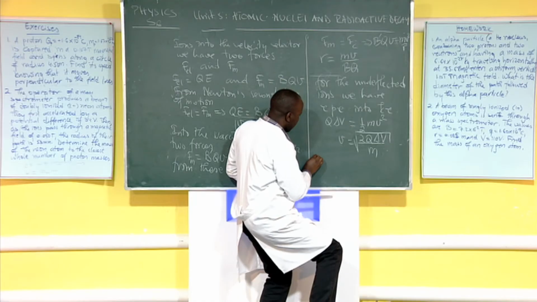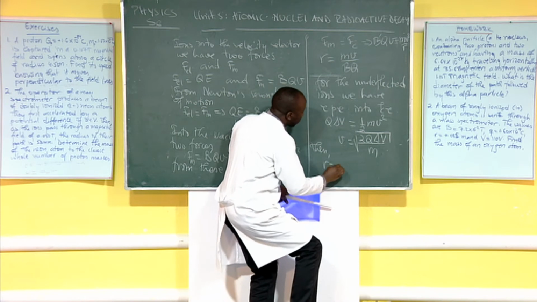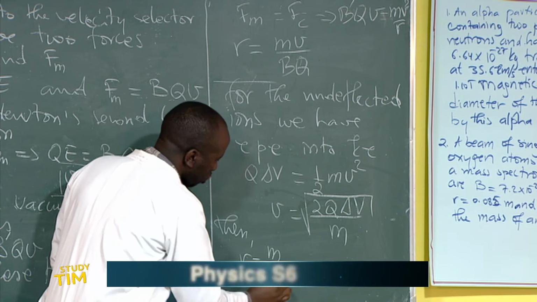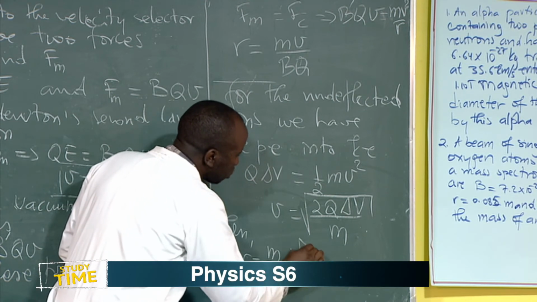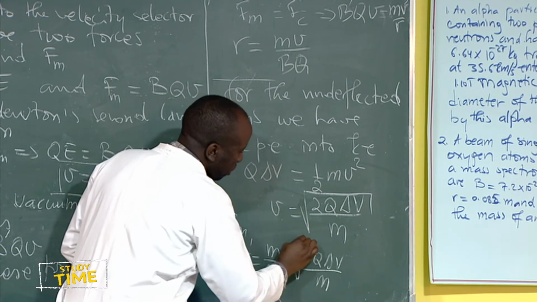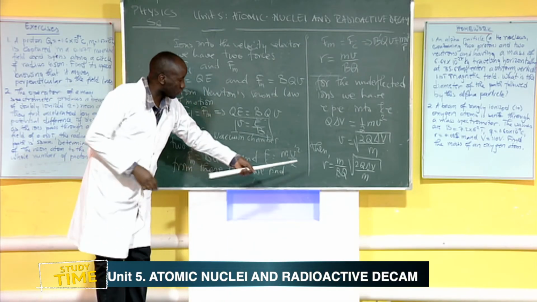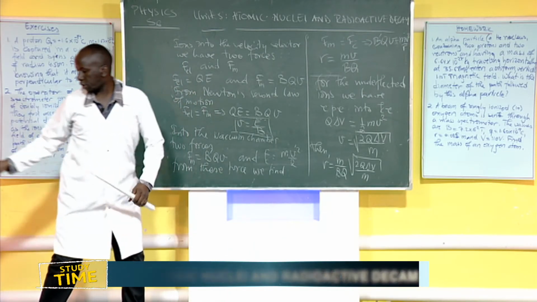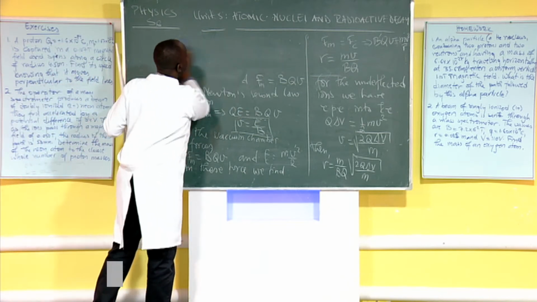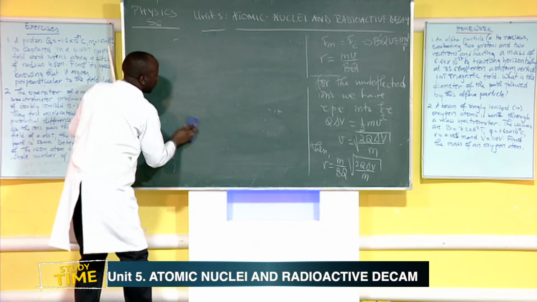So here we have R will be equal to m over B q times the square root of 2 q times the potential difference over the mass. And then let's say that we are going now to square both sides. And then what do we find?